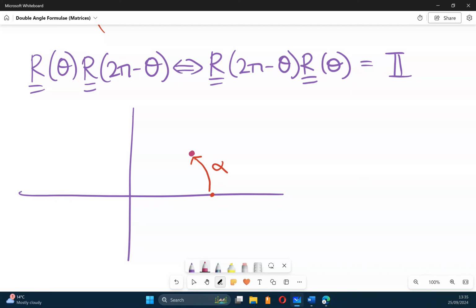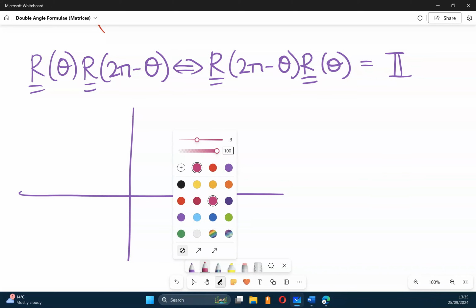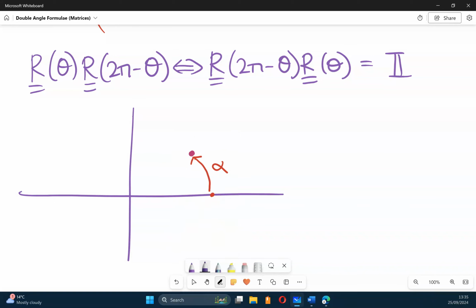So let's say I rotated a point by an angle alpha. Well, what I could have done is, if I started with a point at that axis, so let's say it's on the x-axis at the moment, what I could have just chosen to do is rotate the x-axis by an angle alpha, but the other way.